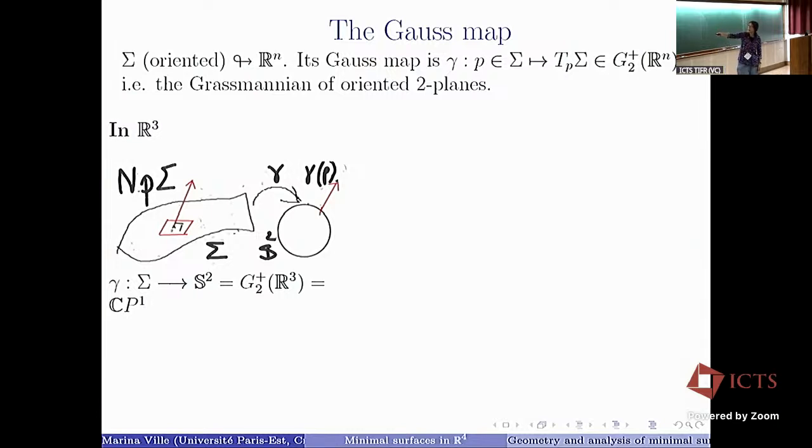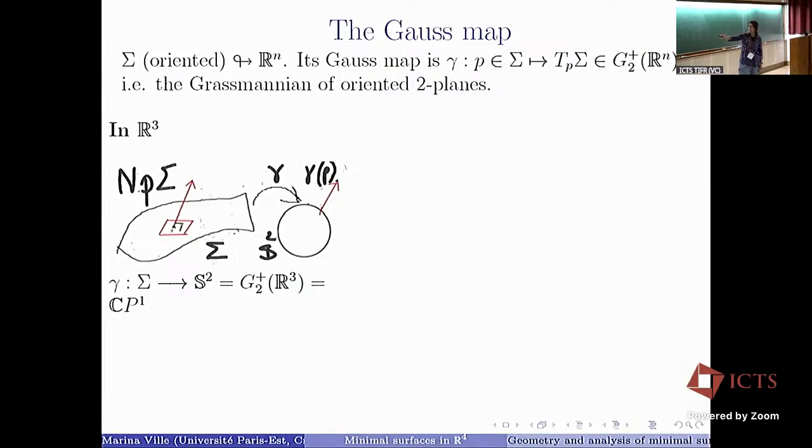I have my surface, a point, the unit normal, and I map it to itself on the two-sphere. So I get a map from the surface to the two-sphere, which is the Grassmannian of oriented two-planes. We can also view it as the projective line.